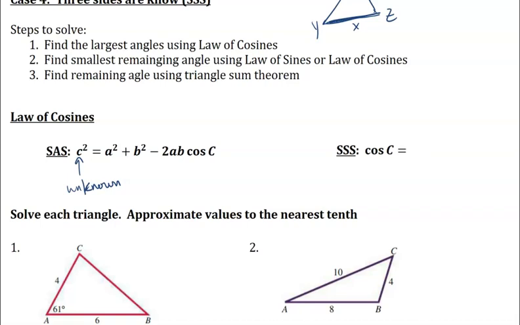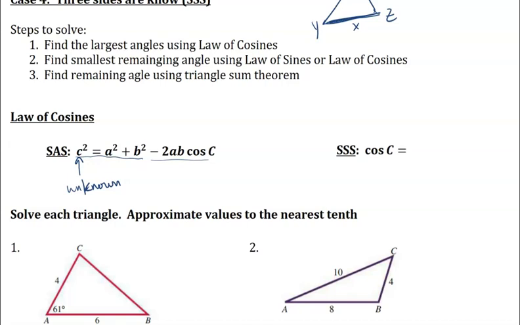So c squared is equal to a squared plus b squared minus 2ab cosine c. Similar to the Pythagorean theorem, actually this first part is the Pythagorean theorem, but then we have to subtract this additional part, 2ab cosine c.